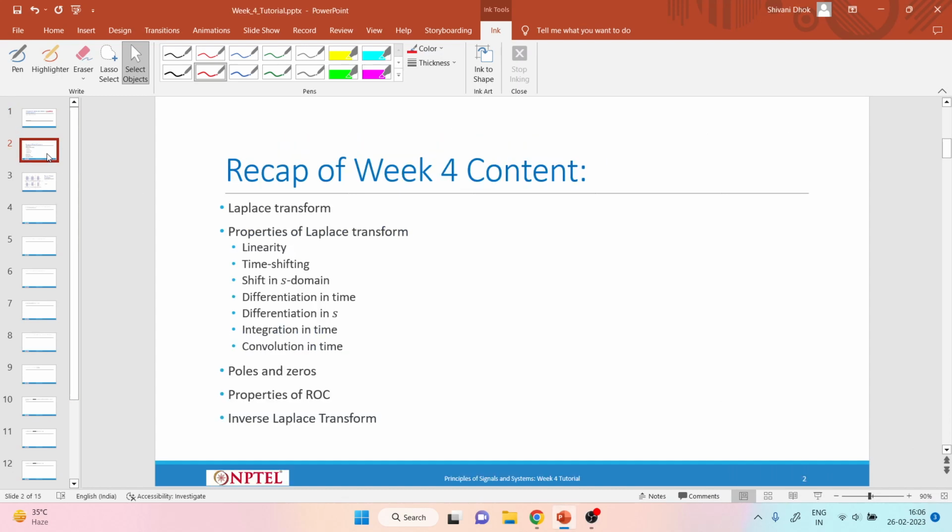So in week 4, the concepts that were covered were related to Laplace transform. So a quick recap of what a Laplace transform is.